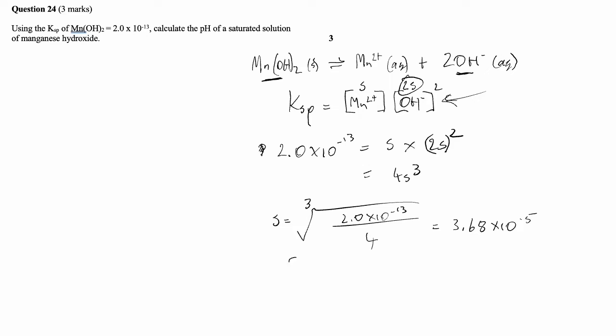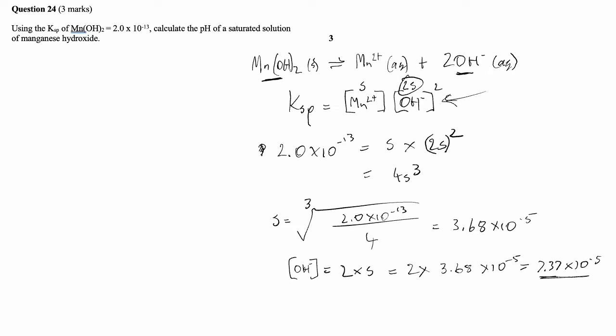So the concentration of OH is going to be equal to 2 times S, which is equal to 2 times 3.68 times 10 to the negative 5, which equals 7.37 times 10 to the negative 5. So this is our concentration here of OH.